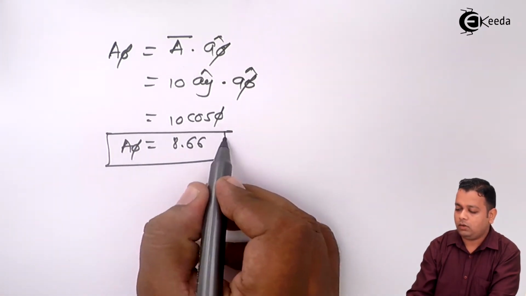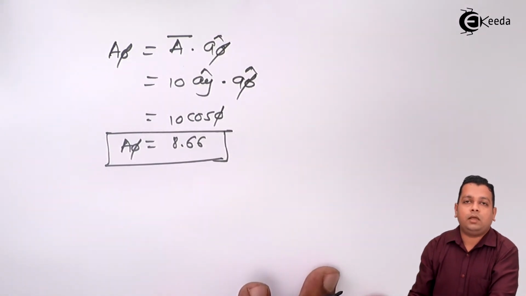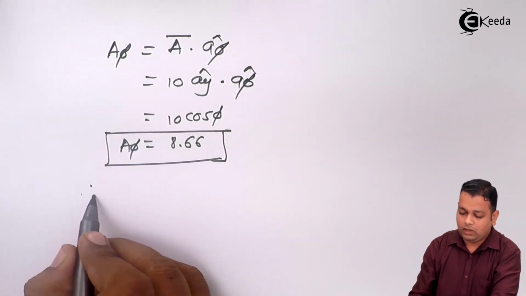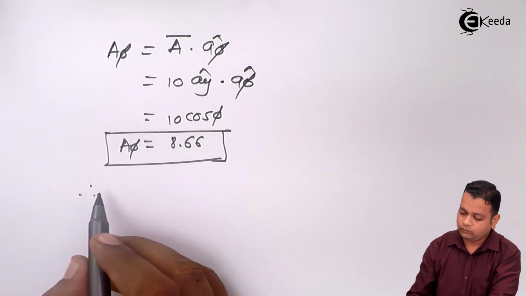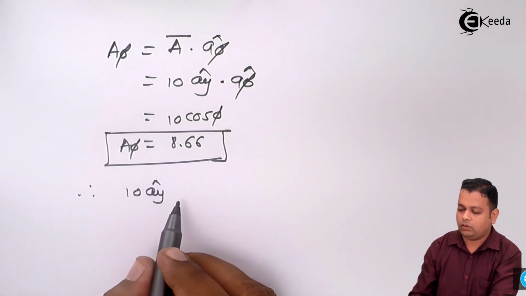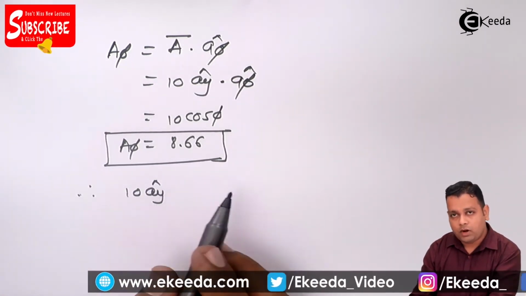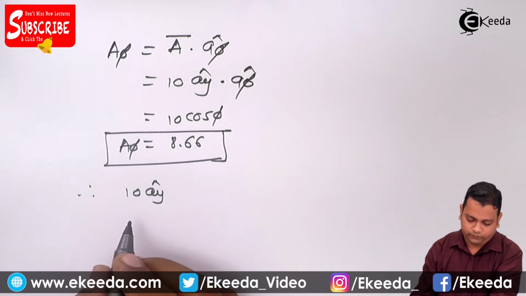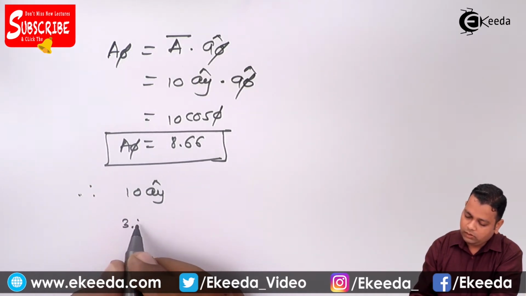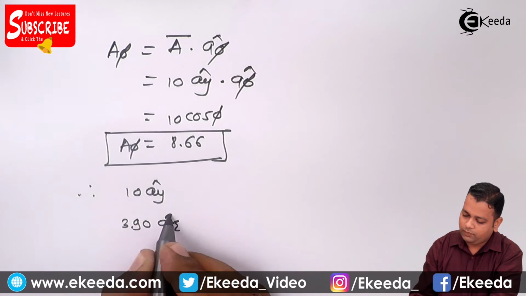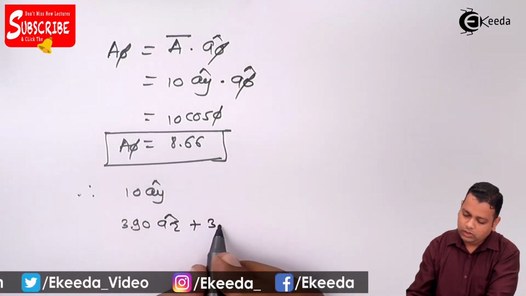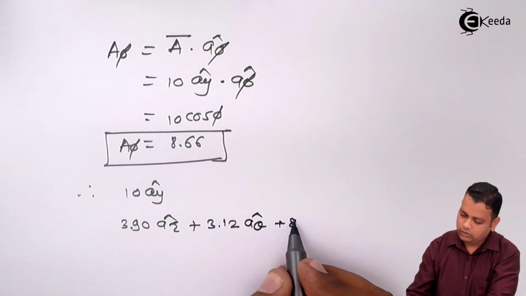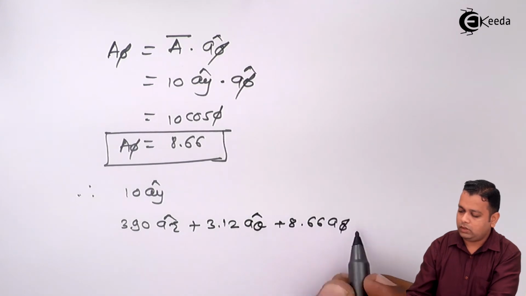So we have determined all the coefficient values, AR, A theta and A phi. So finally we can write the 10 AY cap vector representation at point Q, specified in spherical coordinates, as 3.90 AR cap plus 3.12 A theta cap plus 8.66 A phi cap.